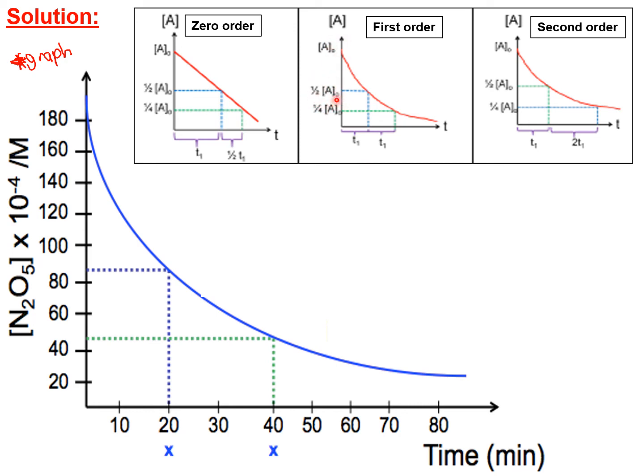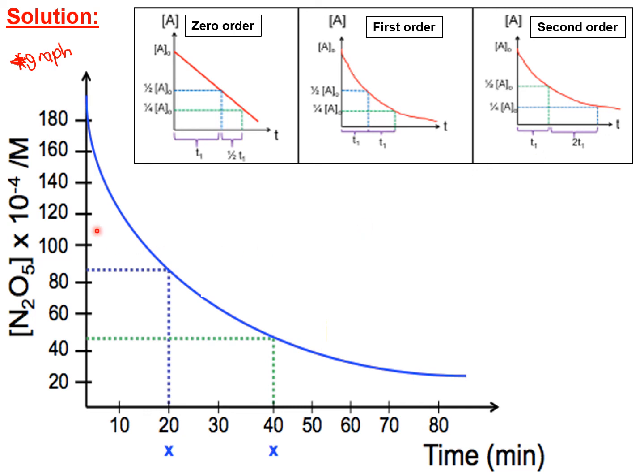So bila concentration tu drop into half, you tengok half-life dia berapa, and then you bahagikan dengan 4 pula. You tengok half-life untuk quarter berapa. Kalau constant bermaksud dia first order. Kalau second order, kalau you dropkan dia punya concentration by half, you tengok dia punya half-life berapa, and then kalau you bahagikan dengan 4, you tengok dia punya half-life tu mesti dapat 2 kali ganda daripada the first half-life.